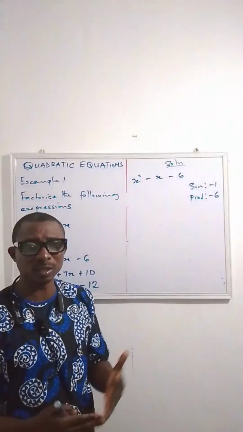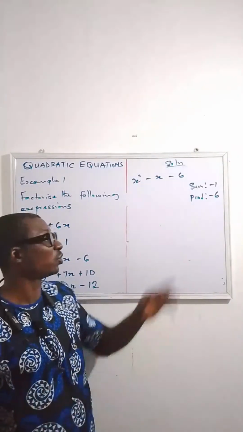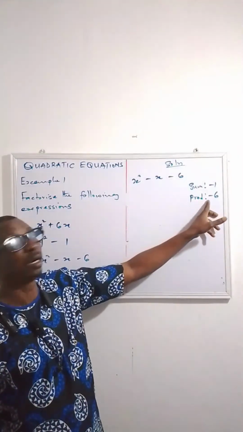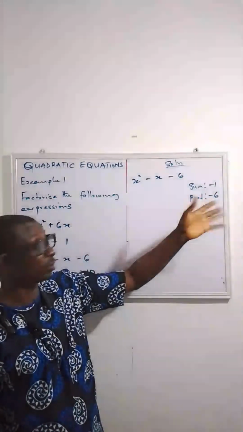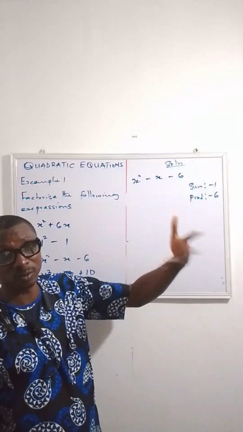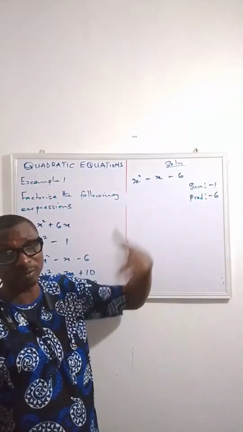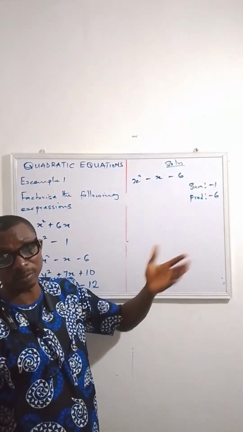So now let's begin to think of the numbers. Don't forget, those numbers must be factors of the product, which will help me easily get this. The factors of minus 6 are those numbers that go completely into minus 6: plus or minus 1, plus or minus 2, plus or minus 3, plus or minus 6.